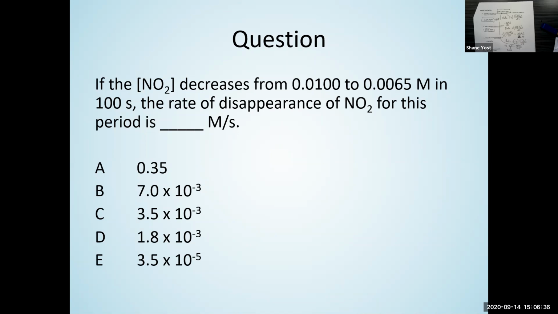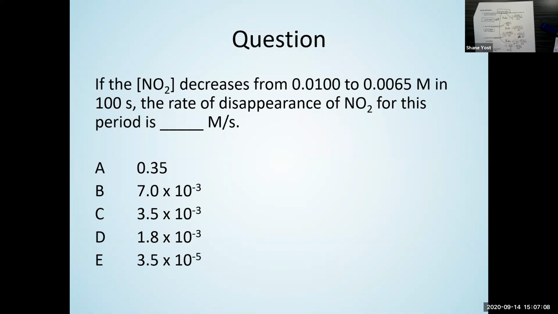Question? So in this case, do you subtract 0.005 from 0.01 or the other way around? What I did is the final concentration 0.0065 minus the initial 0.01. Now that technically gives you a negative number, which is the rate of change of NO2. And the rate of disappearance is defined as the absolute value of that.